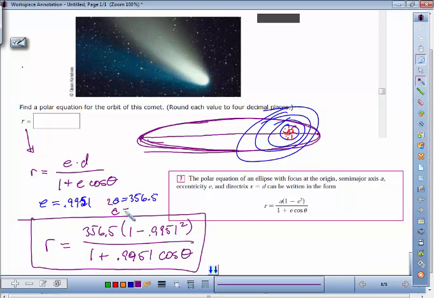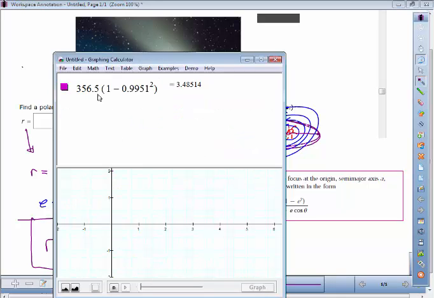So A is equal to, what's half of that? So that can make a difference. So let's try that. Just divide it by 2.